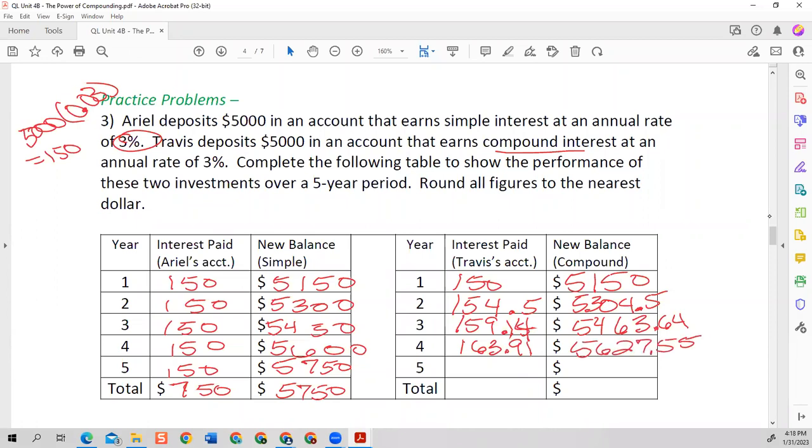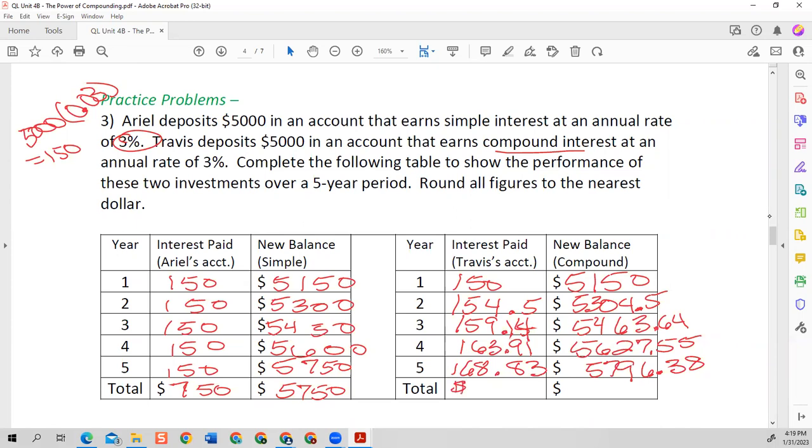You'll kind of see the pattern here. We're going to take this 5,627.55, multiply it by 0.03. It's going to give me my new number of this. And then we'll add this on to the 5,627.55. Multiply this new number, and you just keep on going if you're going on further. Now let's add 1 through 5 up.